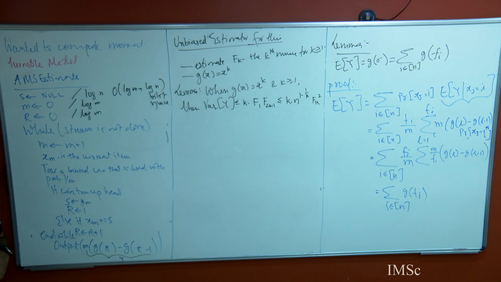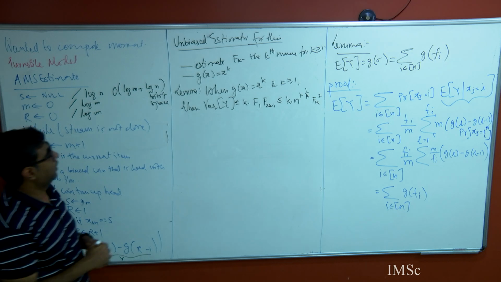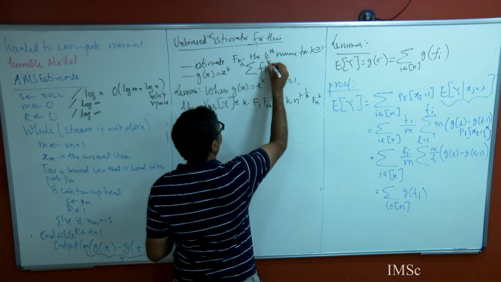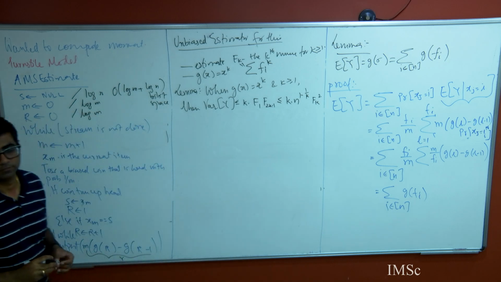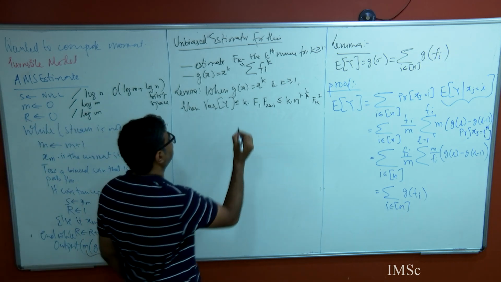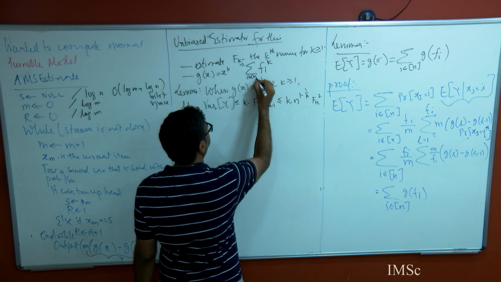So f_k is the summation of f_i to the power k, where little f_i is the frequency of i, and this is a summation over i going from 1 to n.